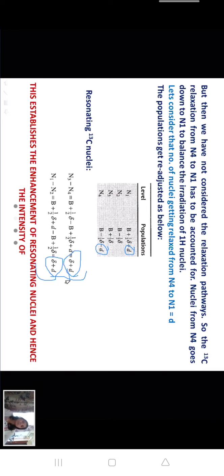See the NOE effect, the nuclear Overhauser effect, on the carbon because of the irradiated proton. Is it understandable? Yes, ma'am. Does anyone have any doubt?